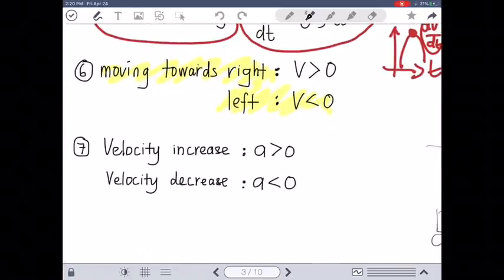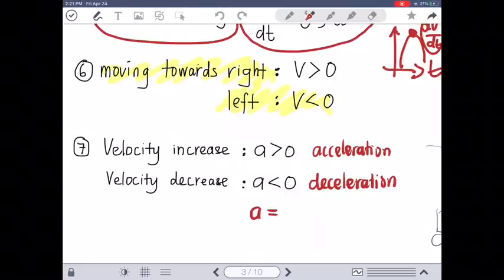So the last one, if the value of a is greater than 0, then we have acceleration. If a is less than 0, deceleration.